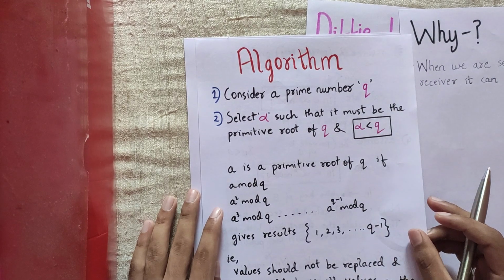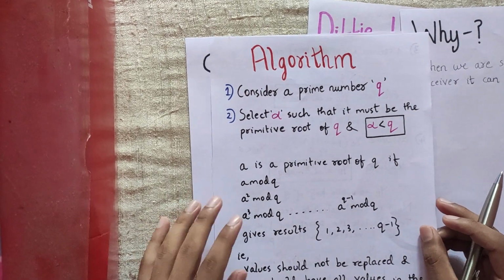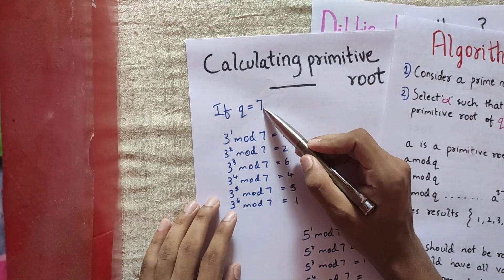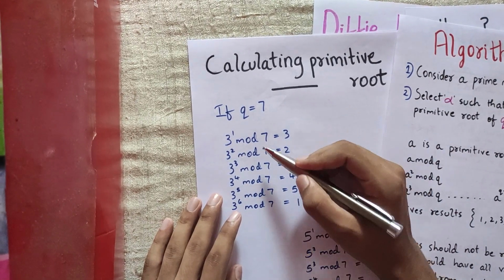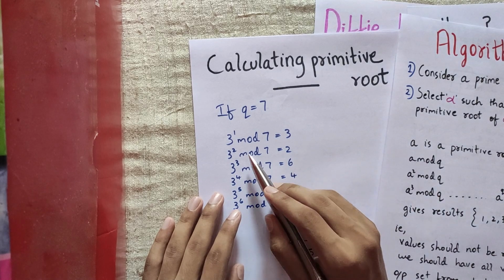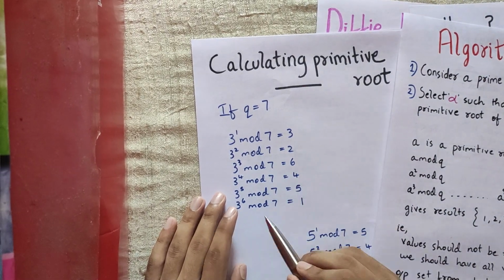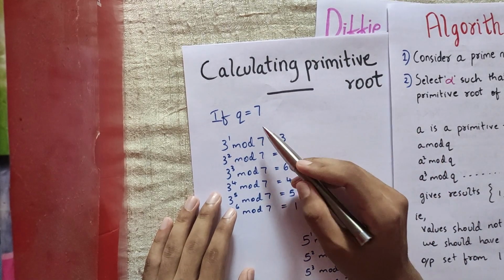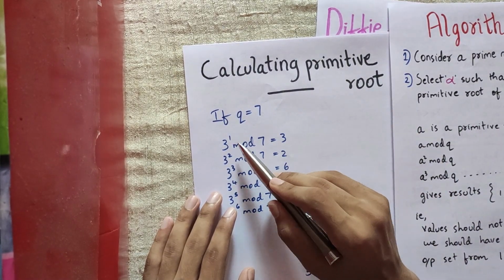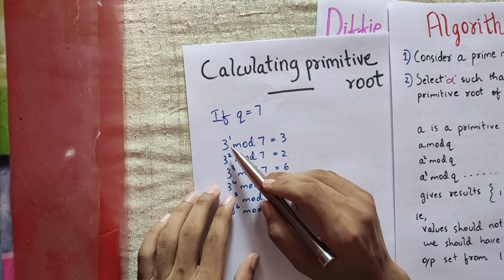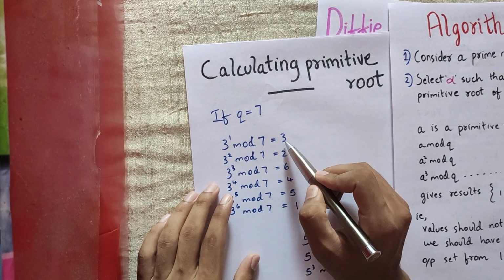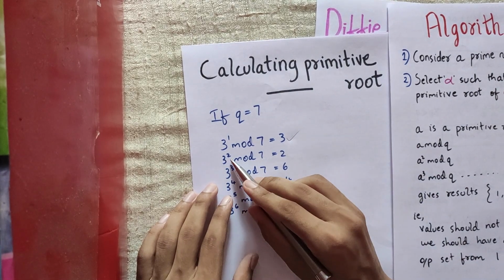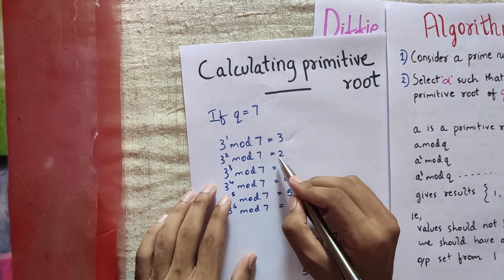So we can look at an example of the primitive root. Here we are taking q equal to 7. So we must compute a mod q up to a raised to q minus 1. Here we take a, or alpha, equal to 3. So 3 raised to 1 mod 7 is equal to 3. And 3 raised to 2 mod 7 is equal to 2.